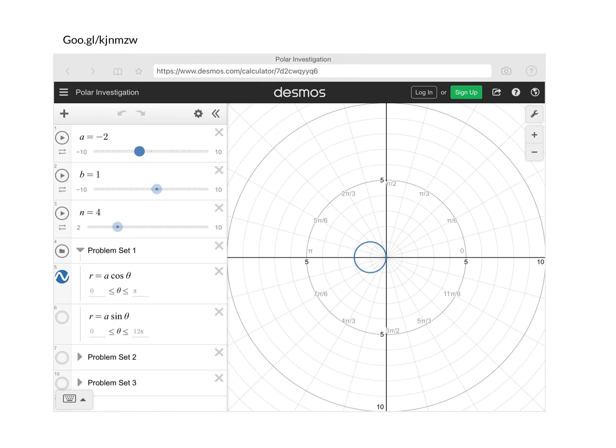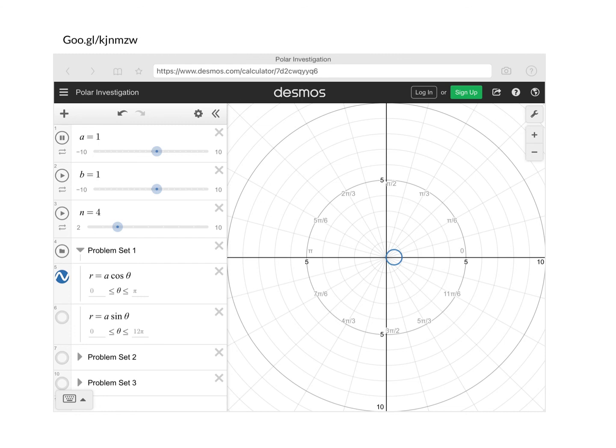Remember in our notes that we just did, we looked at the circle 2 cos theta. If we look at 2 cos theta, I'm dealing with cosine right now. You can see that this is a circle that has been shifted to the right 1 unit, but not up any.